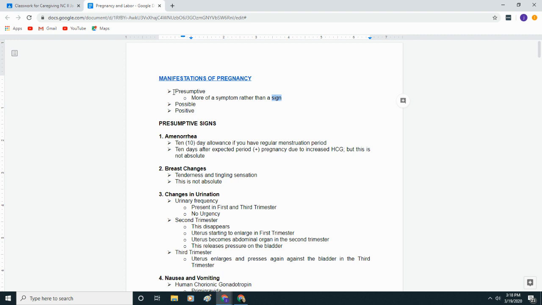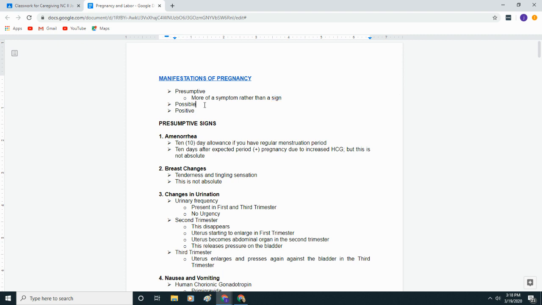So the presumptive sign of pregnancy is more of a symptom. This is what the mother felt. The possible or probable sign is more of the test given by the doctor, the midwife, or the nurse. It is more of a sign rather than a symptom.